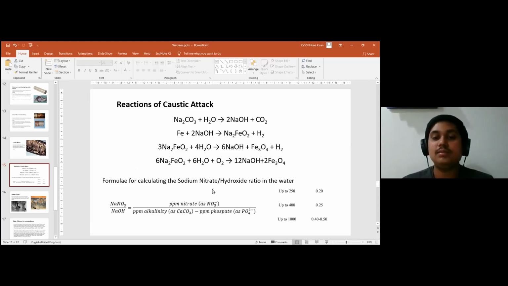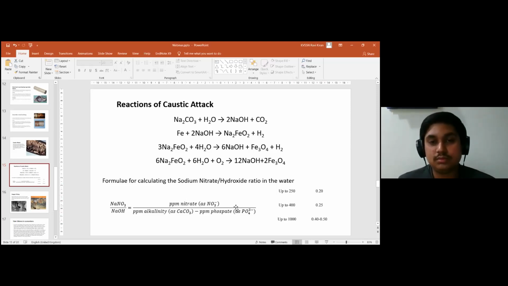So generally in any power plant, while operating, it is necessary to calculate the sodium nitrite and hydroxide ratio present in the water by using this formula. And the ratios with respect to pressures are the general amounts of sodium carbonate or hydroxides that need to stay below the line according to these ratios over here, with respect to the pressures being operated.